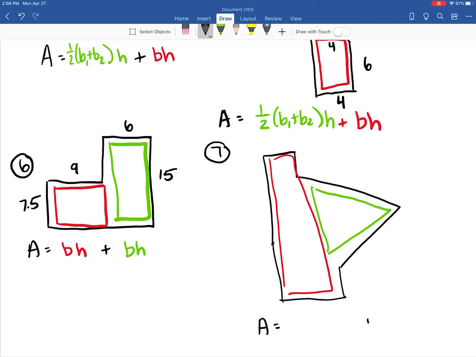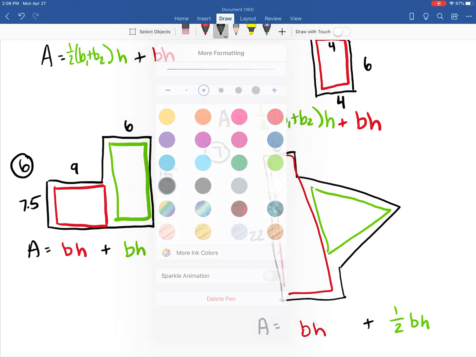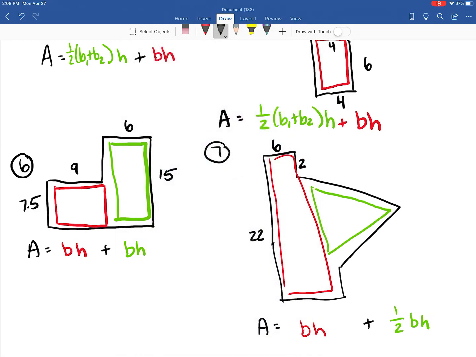My area formula would need the dimensions of the rectangle, which look to be 22 and 6, the base and the height. And then I would need the triangle, 1/2 the base times the height. It tells me these pieces right here are 2, and the height of the whole figure is 18.